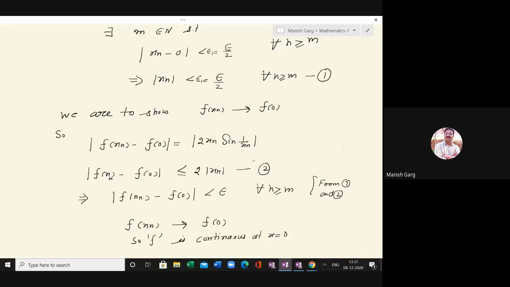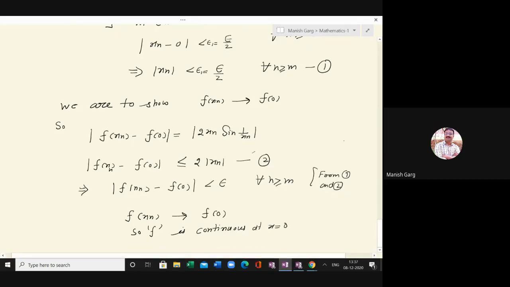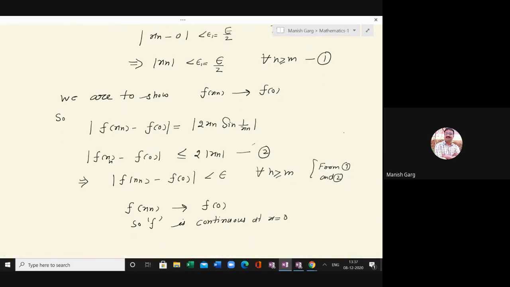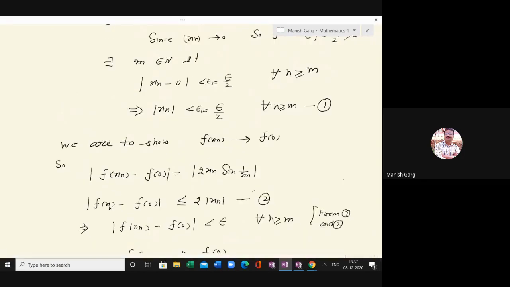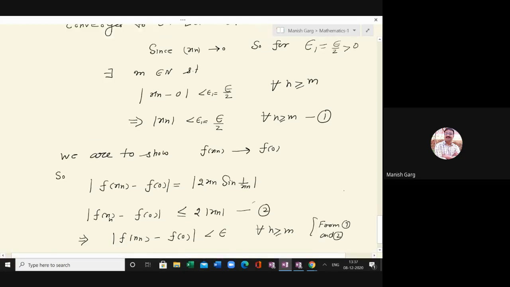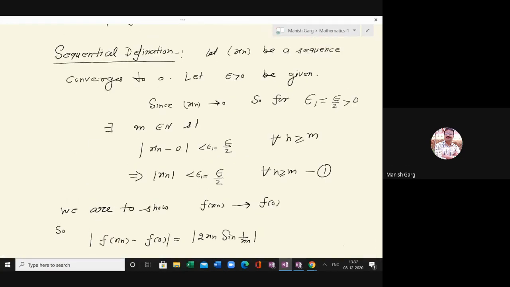Sir, explain once again, Sri Raj. What I am saying here is mode epsilon, so 2 mode epsilon, so that's why I write epsilon by 2 for bringing the expression in terms of epsilon. Otherwise, you can write epsilon or this. Here I consider epsilon is greater than 0.